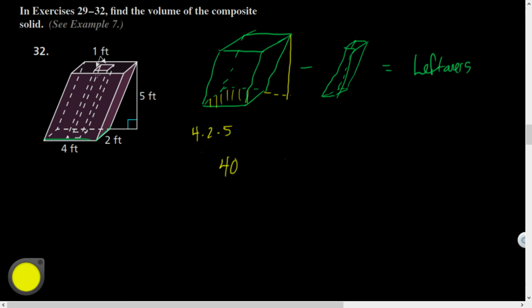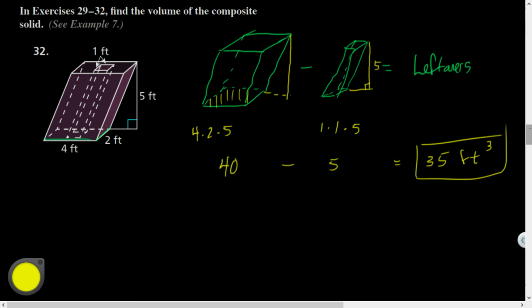The volume of this is 1 by 1, so this is going to be 1 times 1. The height of this one is still 5. So this is 5, and then I subtract those. I'm going to get 35 cubic feet as the remaining volume.